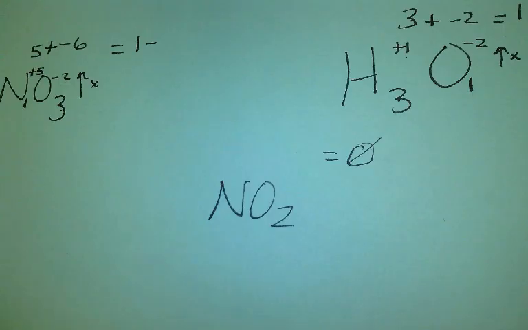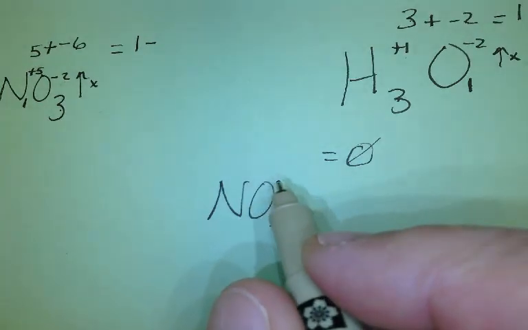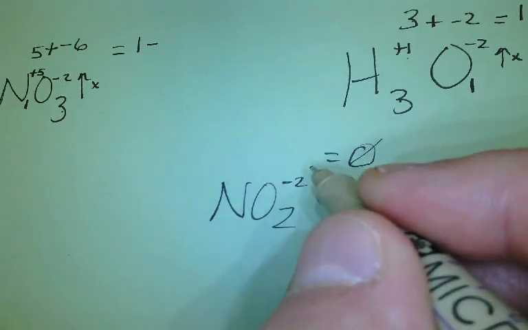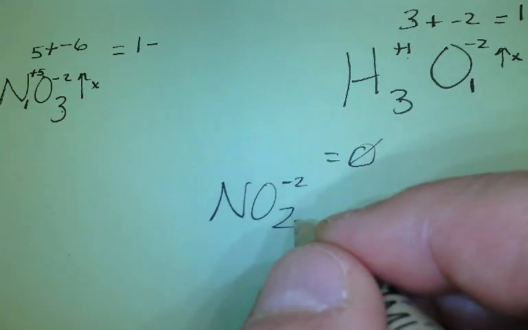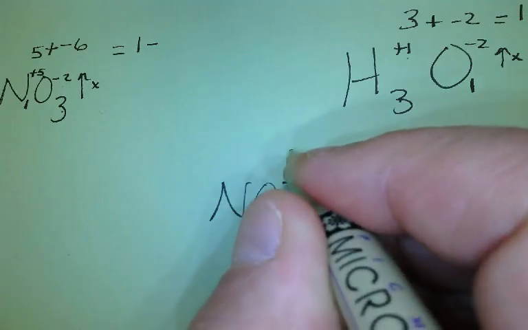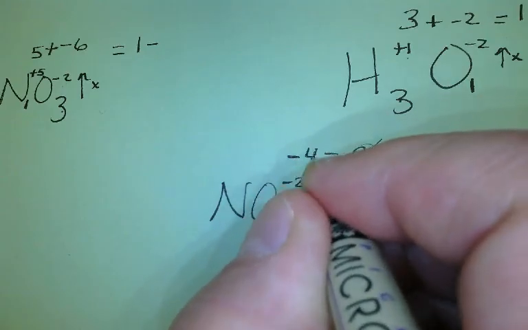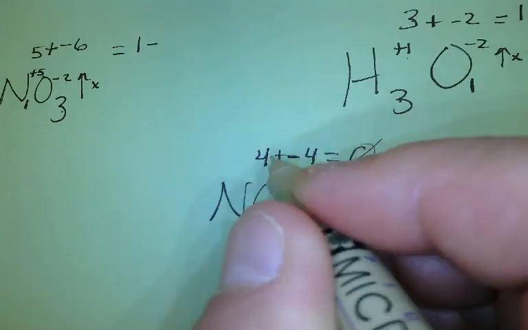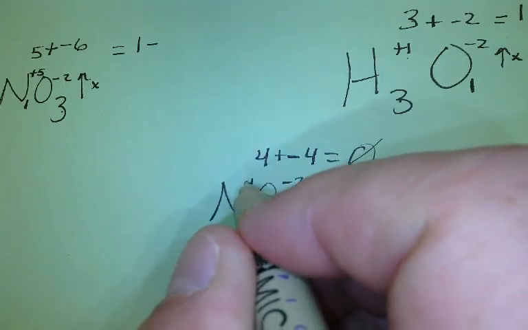So what do I do? What's my next step? And now I'm going to multiply 2 times -2, which is what? -4. What plus -4 is 0? 4. 4 divided by 1 is what? +4.